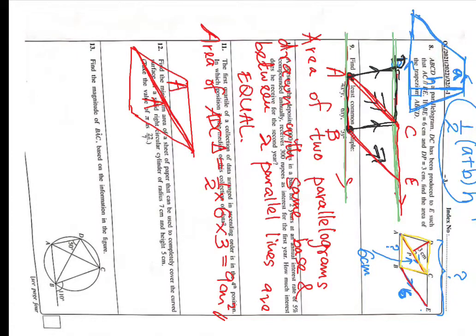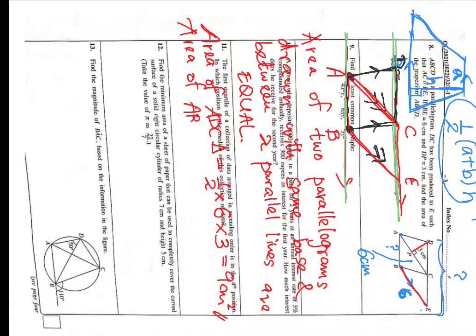So AC diagonal divides ABCD parallelogram into two halves. So I can take the area of ABCD parallelogram as 18, that is twice of 9. Area of ABCD parallelogram is 2 times 9, that is 2 times of ADC triangle, 18 square centimeters.